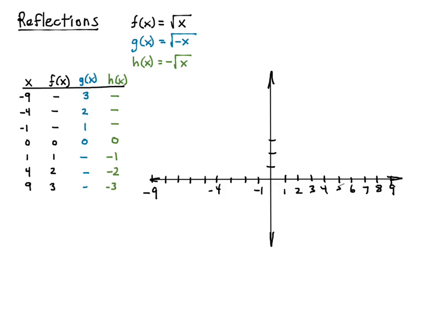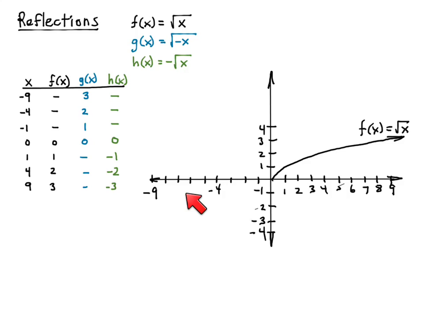So our original graph of the square root is a curve like this. And so it reflects the fact that you have no values here in the negative x. You only have values for positive x, and you always get a positive number out of the square root.